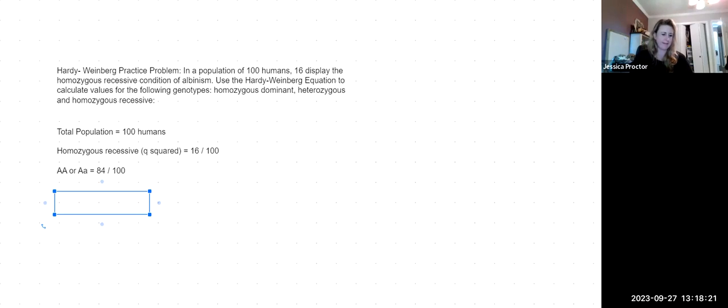All we're doing is dividing 16 by 100 and giving the answer rounded to 2 decimal places. Okay, 0.16 is correct.